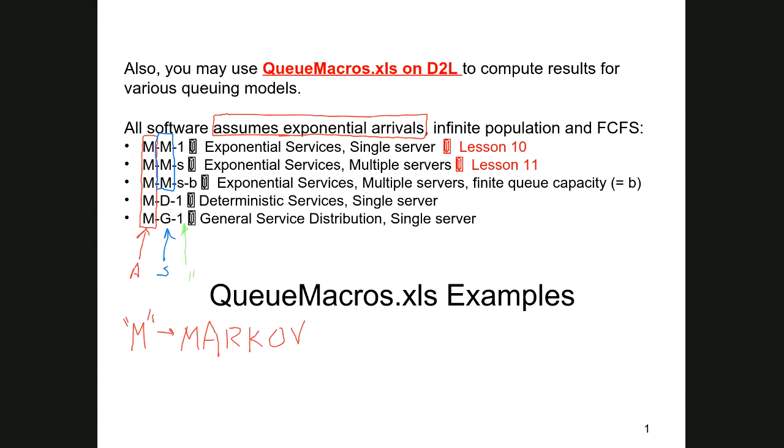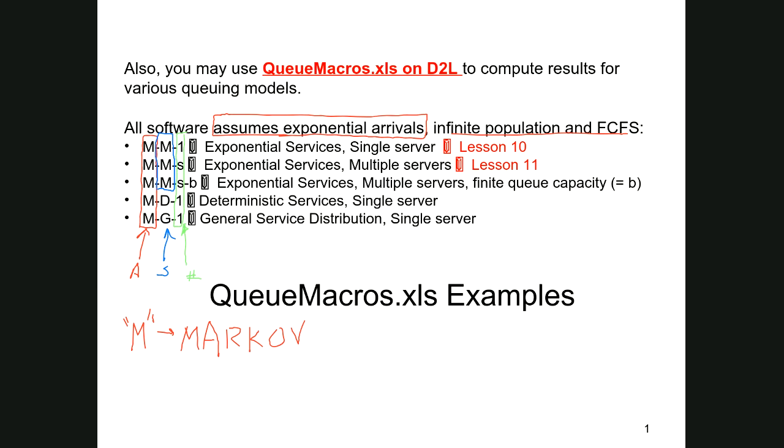So this is the service process and the number of servers. That's this third index. Every one of these models has exponential arrivals. It does have infinite population and first come, first served.